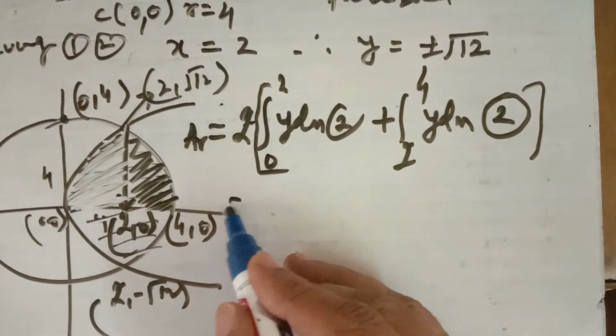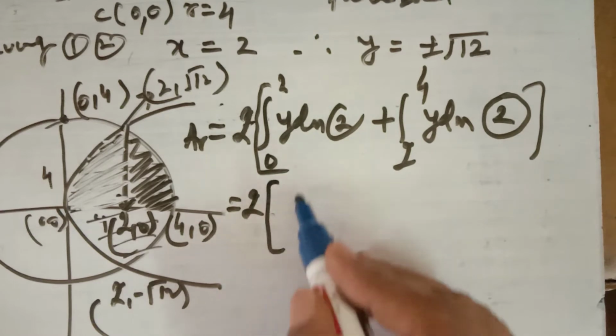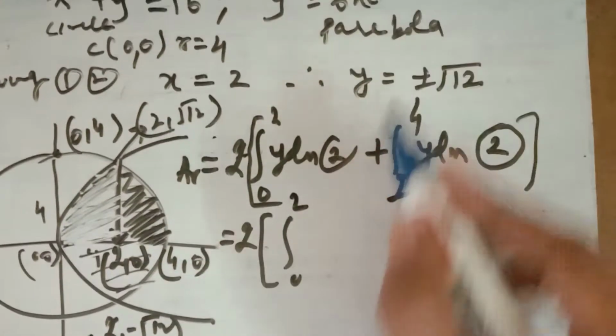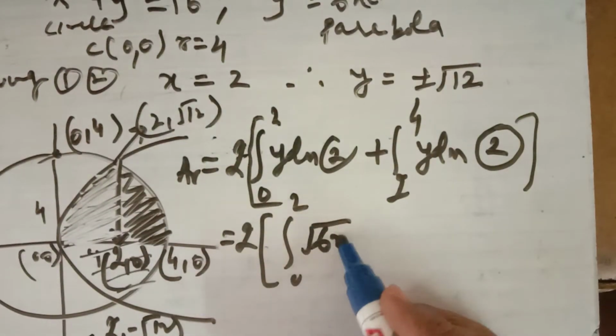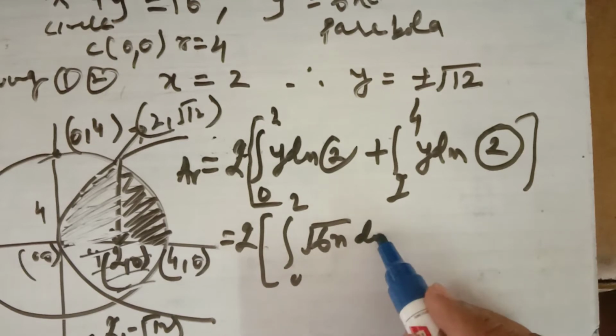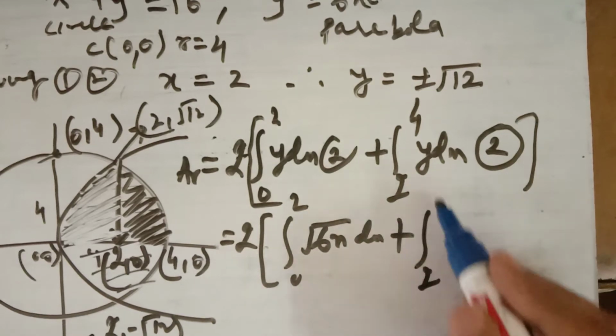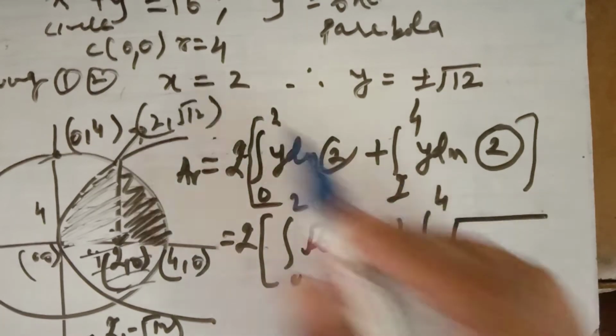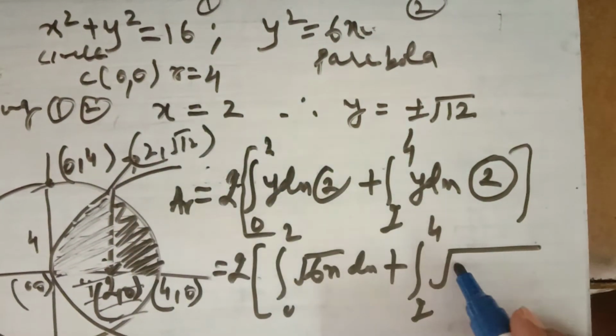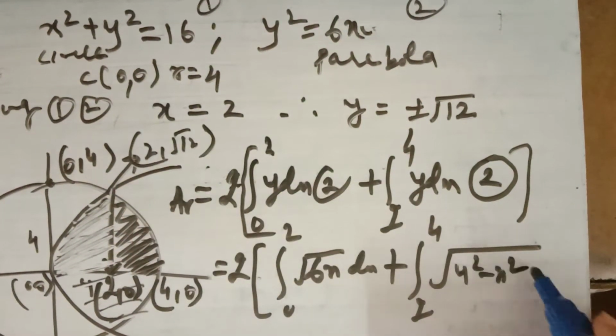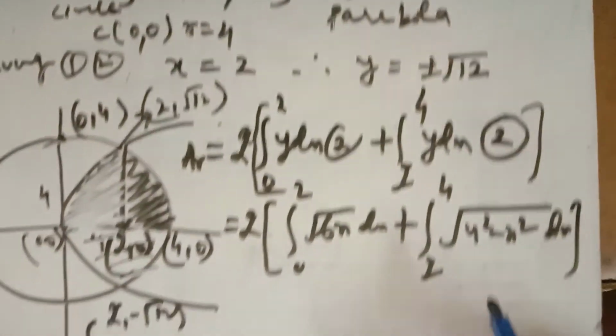Now replace the value of y. For the parabola, it will be the integral of root 6x with respect to x from 0 to 2, plus from 2 to 4, y of this curve is under root 4 square minus x square with respect to x.